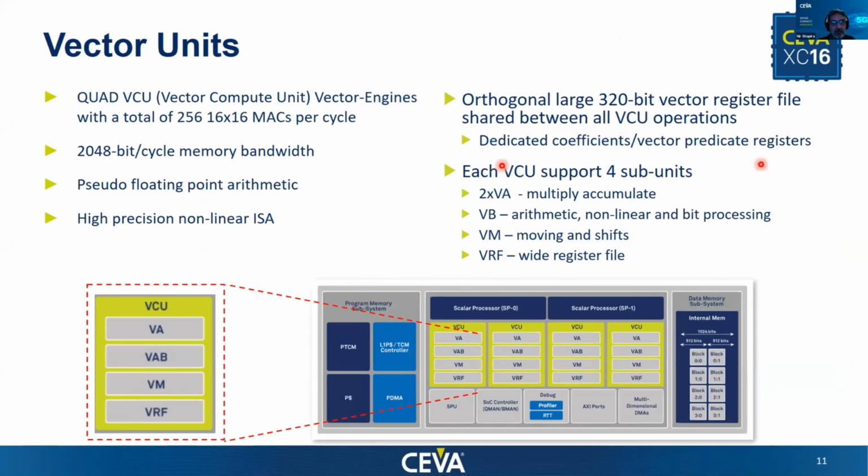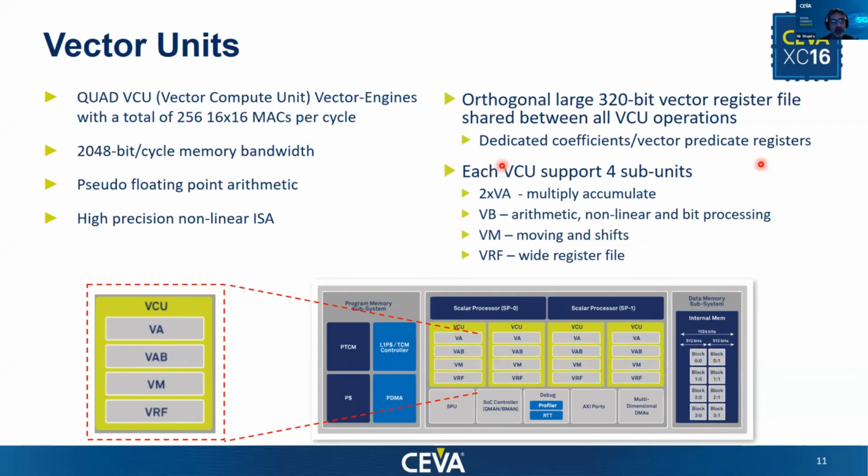So let's touch briefly upon each of the subsystems of the XC16. We'll start with the first and foremost, the vector unit. As you can see, we have 4 VCUs. Each of these has 64 16 by 16 multiply accumulates per cycle, for an overall 256 MACs.